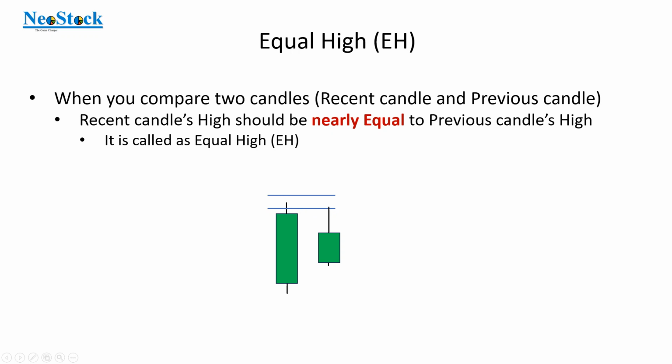Once your experience grows, you will definitely understand how much lenience we can give while comparing the present high and previous high. Whatever lenience you are giving, that lenience only is the buffer. Hope you understand what exactly this buffer is. It is a lenience you are giving when you are comparing the present candle's high and previous candle's high. So this is the equal high in this example.